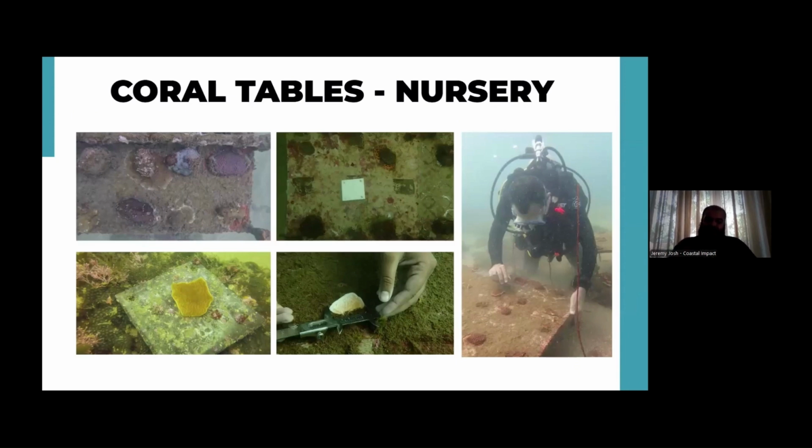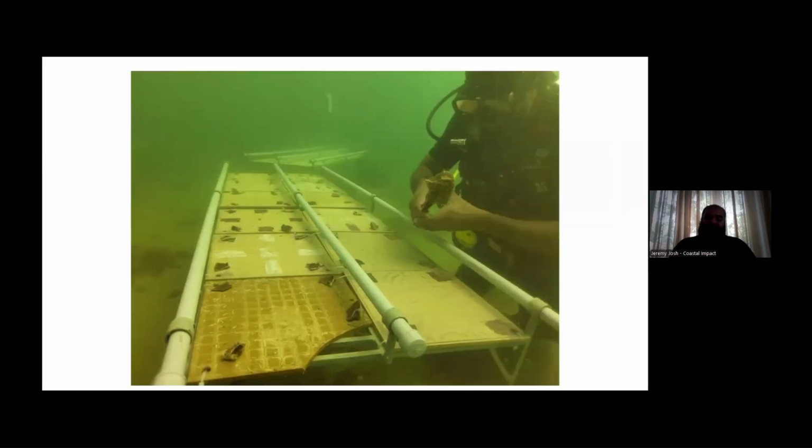Our first project that I was talking about is where we established a coral nursery using the THT grant. The Habitats Trust was the first organization to sponsor Coastal Impact with a grant in 2019, and that helped us set up the coral nursery. What the coral nursery essentially is, is these beds.